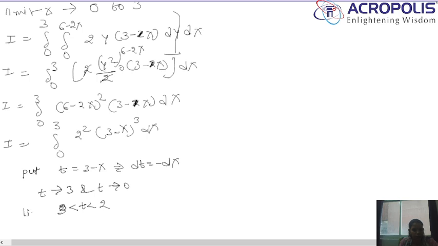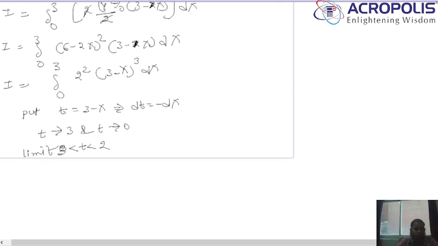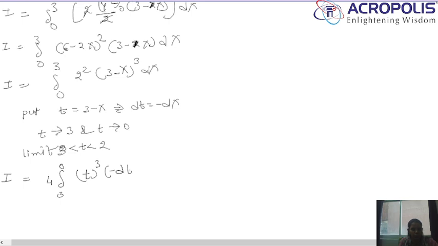This is the limit. So we apply this substitution in our given question. We have I equal to 3 to 0, square of 2 is 4, and t whole power 3, minus dt.